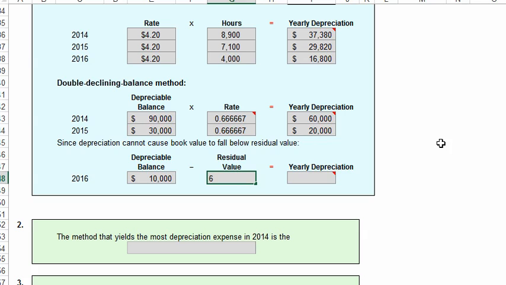The residual value is $6,000. So that's going to be equal to $10,000 minus our residual value of 6, gives us depreciation expense in the final year of 4. So we need to put these numbers in the chart. 2014, $60,000, 2015, $20,000, and 2016, $4,000. 60, 20, and 4.